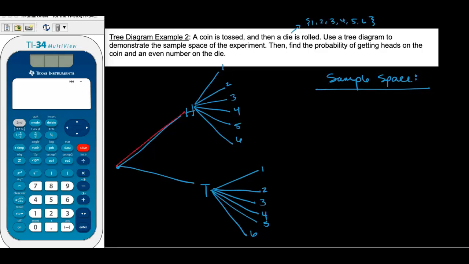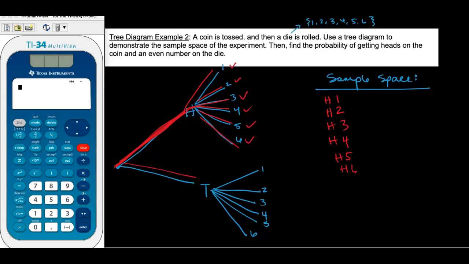So you could get a head and then a 1, so H1. You could get a head and then a 2, so H2. And I'll just check these off. A head and then a 3. A head and then a 4. A heads and then a 5. And then a heads and then a 6.